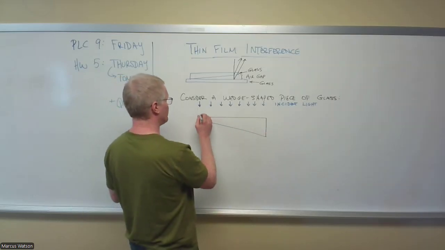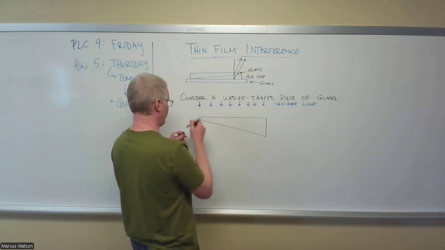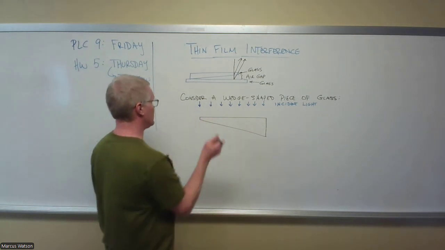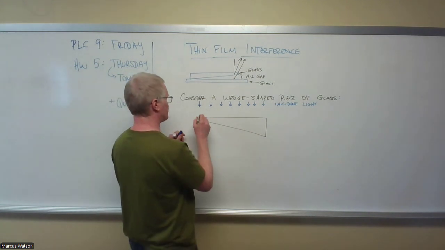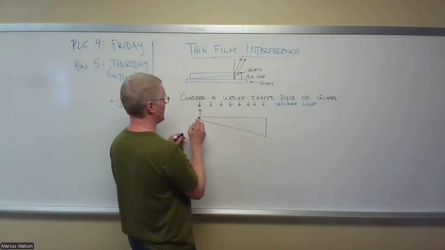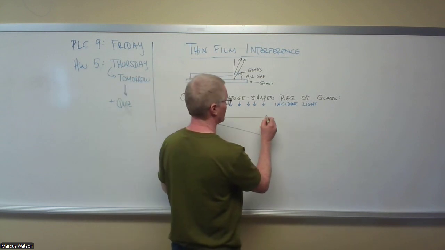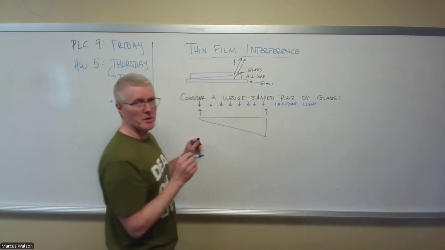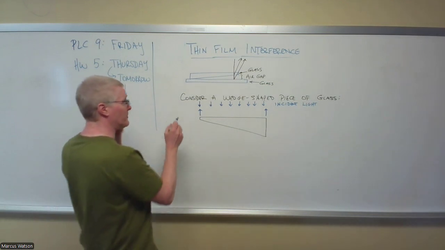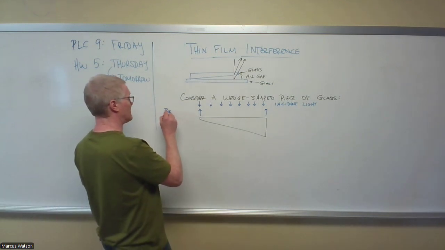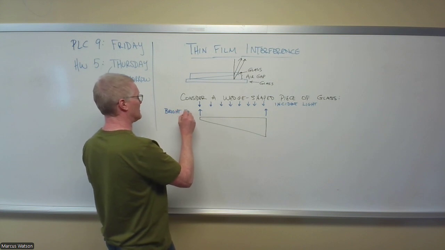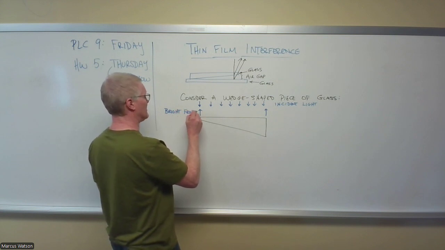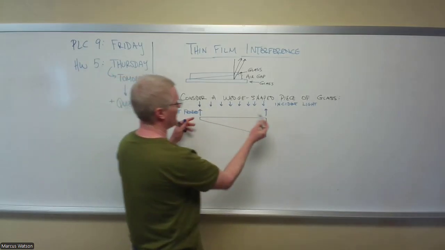So let's assume that we have a bright fringe. This will be constructive interference, that'll be constructive interference, so we'll see bright fringes due to reflection here, and then there's some in between.